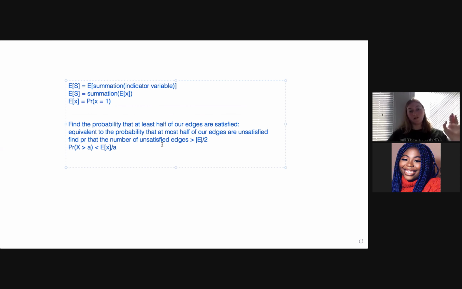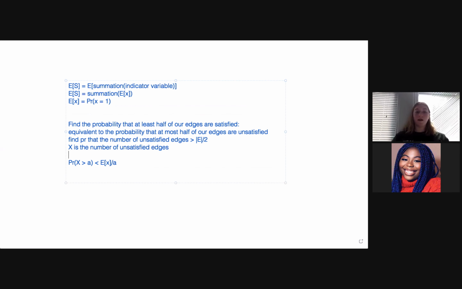Correct. Okay. So in order to find this, let's say x is the number of unsatisfied edges. So we're looking for the probability that x is greater than e over 2, right? So if we make that our a, we can do that.